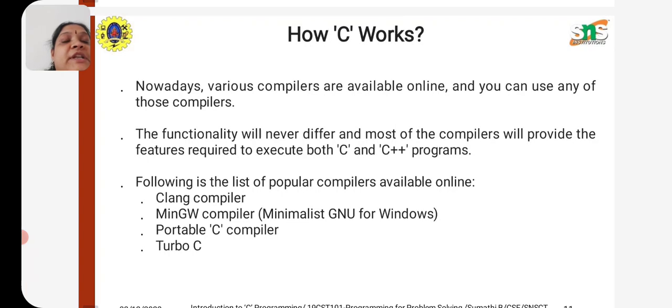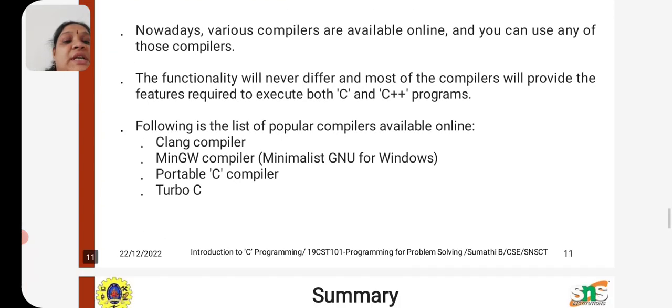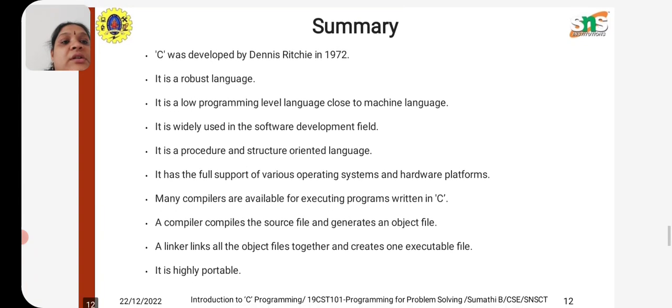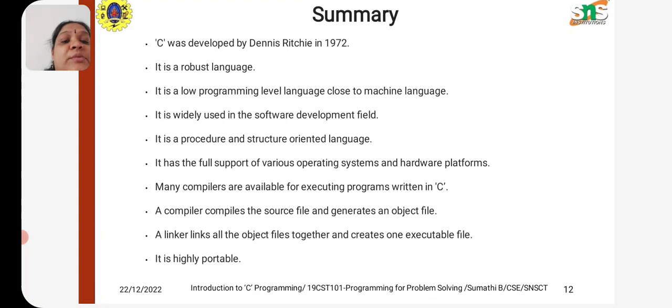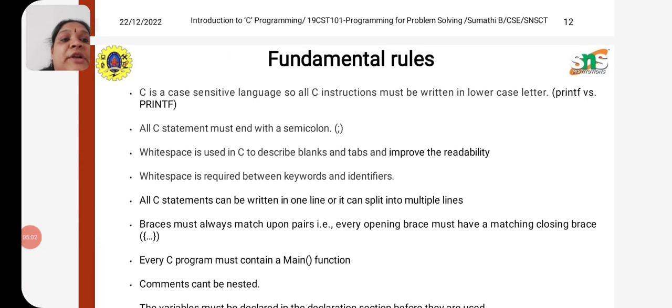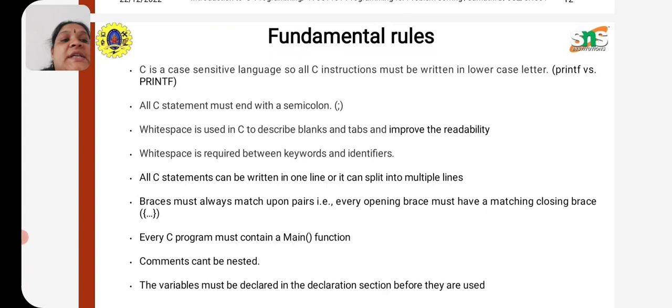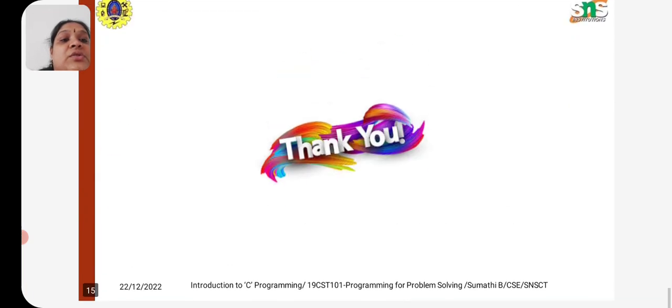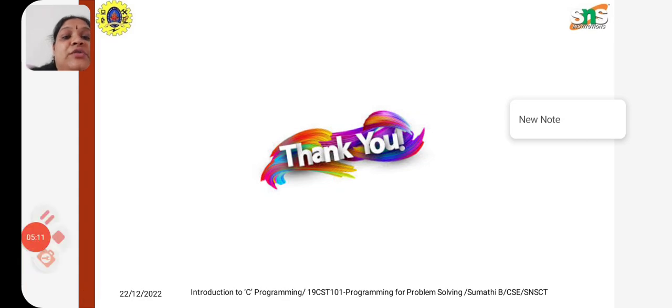Many compilers are in use, but predominantly we are using Turbo C as the compiler. We also saw a summary of the C language and how it is used for real world applications. And at last, we saw the fundamental rules to be followed before studying C programming. So that's all about the introduction part of C programming.